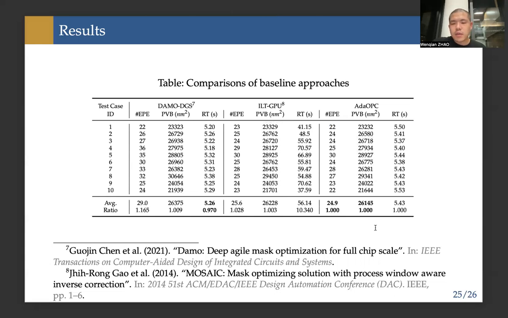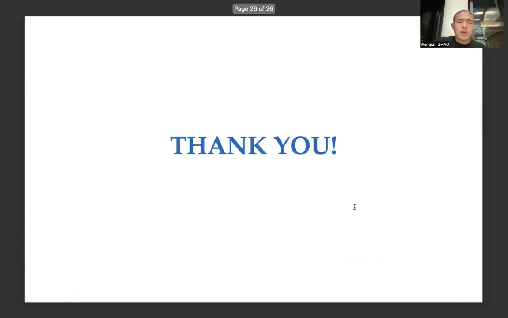If you look at the runtime and also the EPE and PV bands, we can see our method borrows the speed advantage of the machine learning model and the precision advantage of the RT method to achieve the SOTA in both metrics. And that'll be all from my presentation. Thank you, guys.